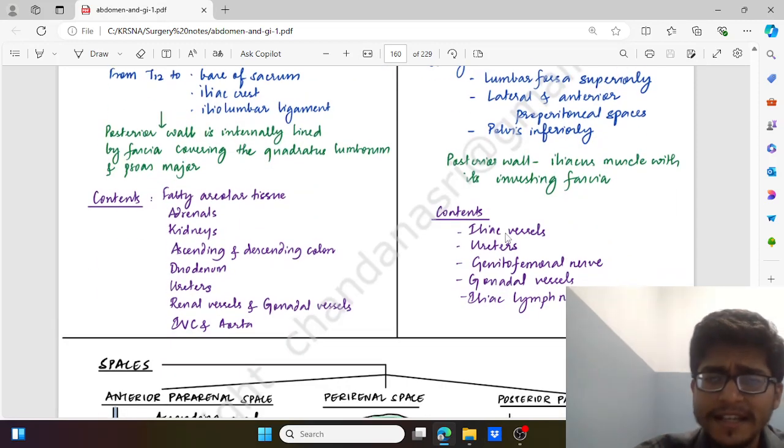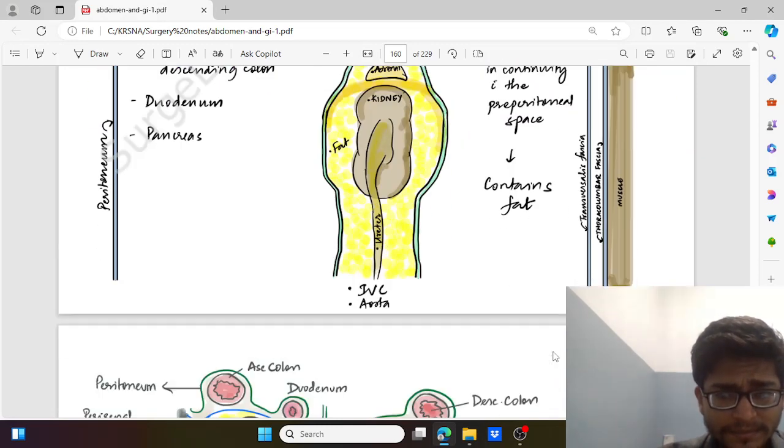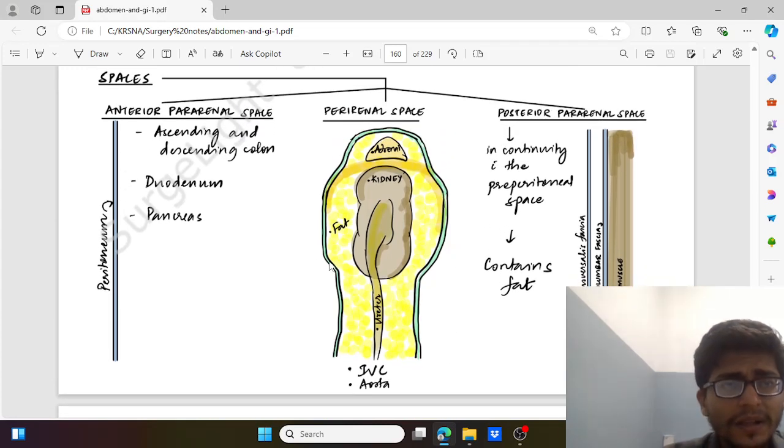The contents are the iliac vessels, continuing from the IVC and the aorta, ureters, genitofemoral nerve, gonadal vessels, and iliac lymph nodes. We can consider the space as the anterior space, these spaces being behind the peritoneum.